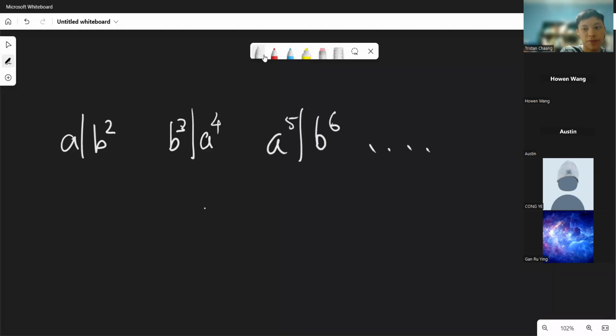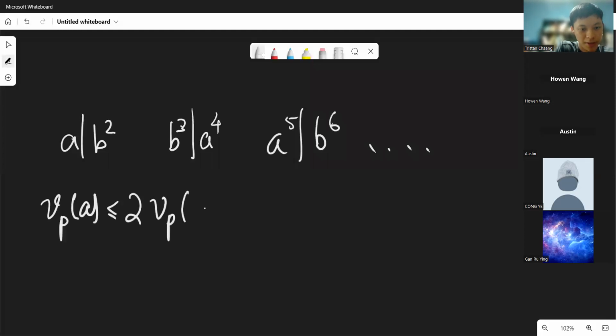So this tells us, for any prime p, doesn't matter, for any prime p, v_p of a is less than or equal to 2 v_p of b.